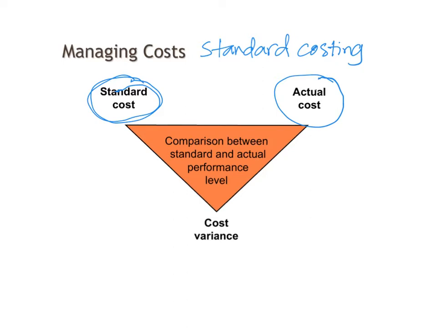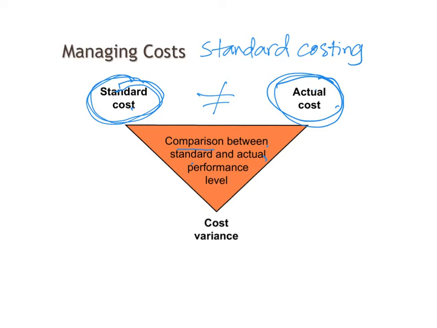So when they compare the standard cost and the actual cost, they are going to check whether the standard and the actual are the same or not. Of course, you can expect that standard and actual will not be the same in some cases, but in some cases they might be the same.